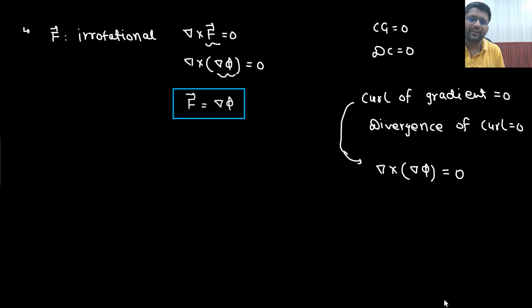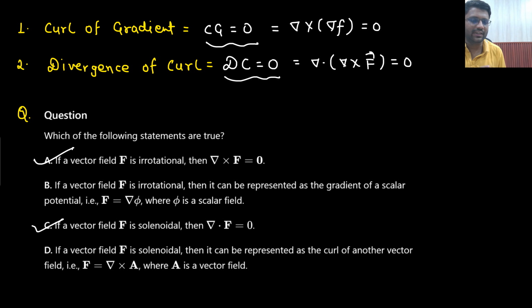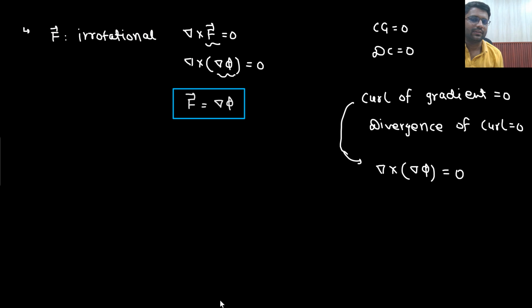That's it. This is what has been written: if your vector field is irrotational, then your del cross F would be 0. That means F could be expressed as the gradient of some scalar field or scalar potential. Is that understandable to you or not? This statement is true. If a vector field F is irrotational, then del cross F would be 0 and F could be replaced as the gradient of some scalar field. This is what has been written.